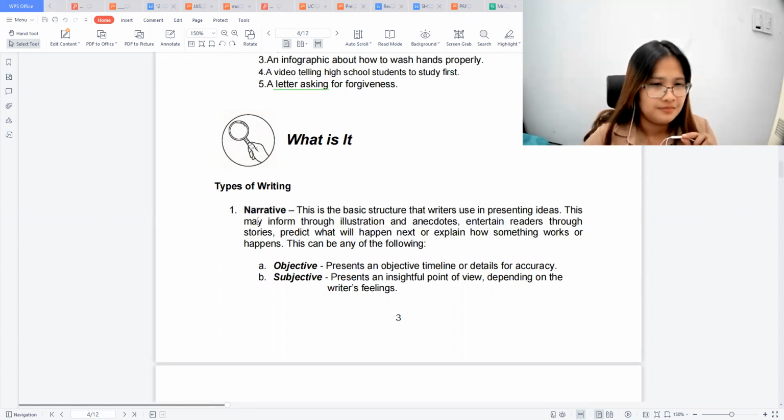This may inform through illustration, anecdotes. Entertain readers through a story. So, may nangyayari, may ganap dun sa sinasabi or nakasulat, or project what will happen next, or explain how something works or happens. So may sequence lagi.